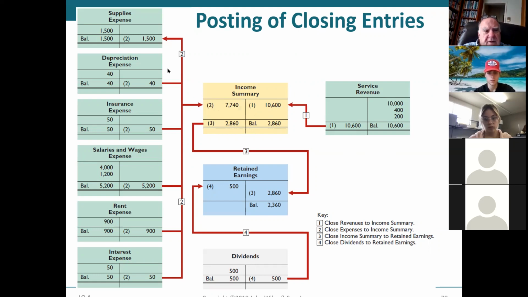Step 2, we take all of the expenses, which have a normal debit balance, and we zero them out with a credit. That brings all the expenses over to the income summary. Now, expenses subtracted from revenue gives us the net income, which we bring over in step 3 to the retained earnings. Step 4, zero out the dividends. So not too bad if you think of it in 4 steps, okay?